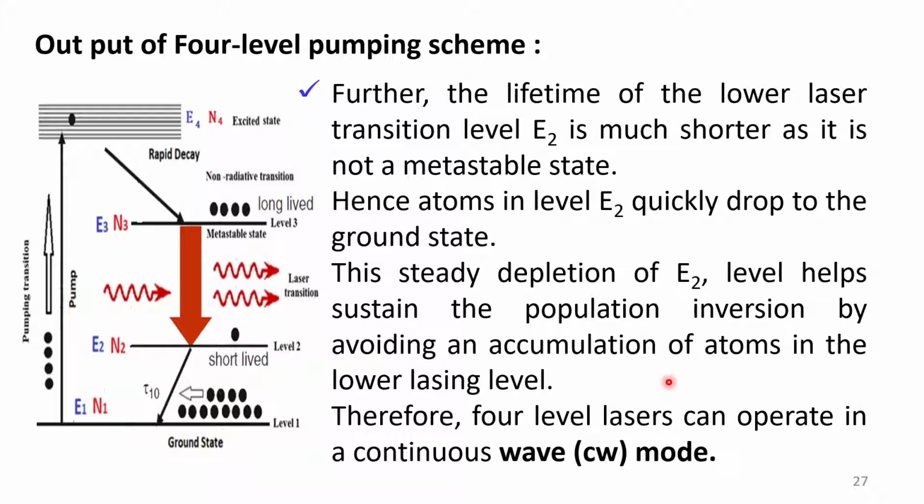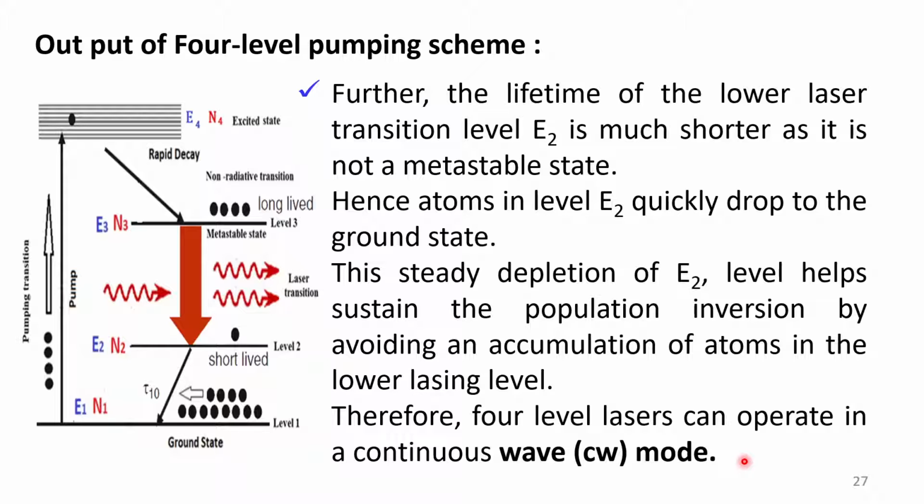Therefore, it maintains the population inversion, and due to that it produces a continuous emission of laser radiation. Therefore, the four level laser can operate in a continuous wave mode.